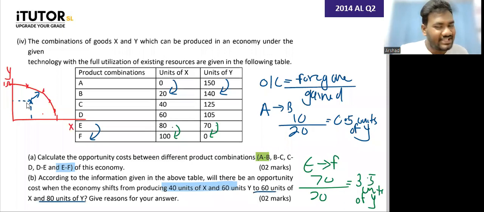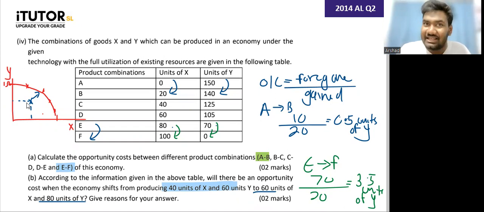So based on this case, do you think there is an opportunity cost? What do you all think? They're asking, is there an opportunity cost? Your answer is no, there is no opportunity cost. Why? Your reason is that when the economy is producing 40 units of X and 60 units of Y, resources are unemployed.